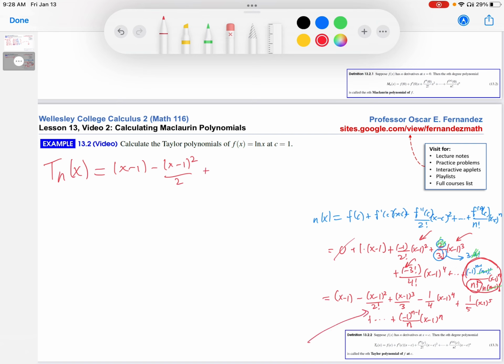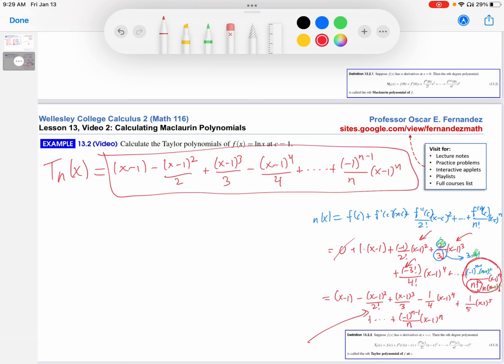So I'm now going to start following the pattern of the rest of the terms. And the pattern is, number 1, they alternate. And number 2, the denominator is not a factorial. The denominator is just the same as the power of x, right? No factorial, over n, x minus 1 to the n. That is my Taylor polynomial.